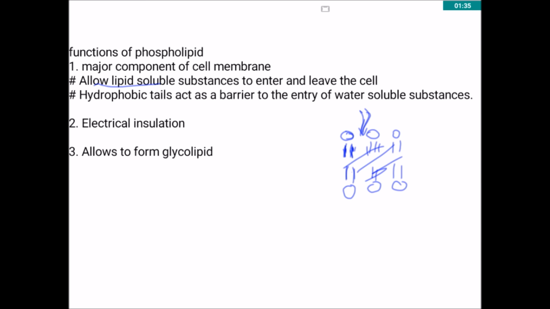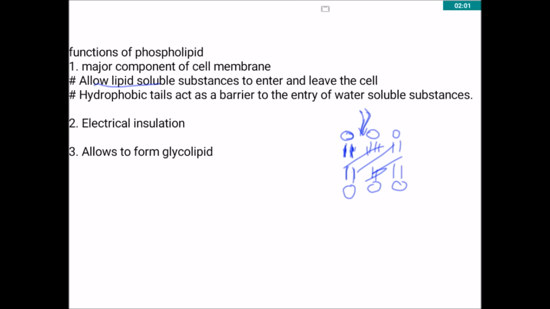The second function is they act as an electrical insulator in the myelin sheath. In the nerve cell, there is a sheath around the nerve cells called the myelin sheath, which acts as an electrical insulator and is made up of phospholipid molecules. You will learn about this in detail in your A2.